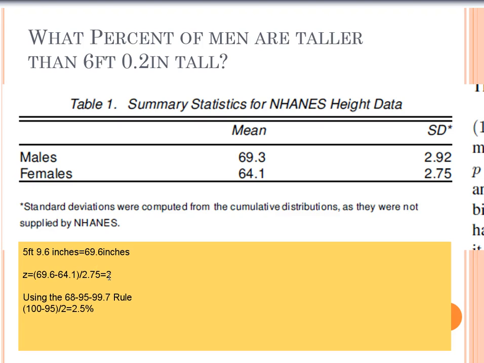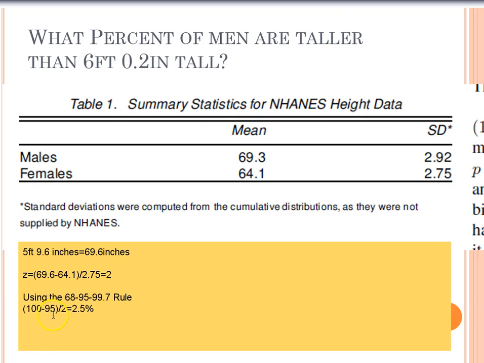So what that says is a woman who is 5 foot 9.6 inches tall is 2 standard deviations above average. So she's really far above average. Using the 68, 95, 99.7 rule, we can see how unusual somebody of that height or greater is. So to find that percentage of females, we can look at that upper tail.